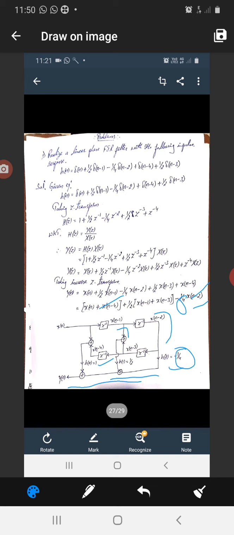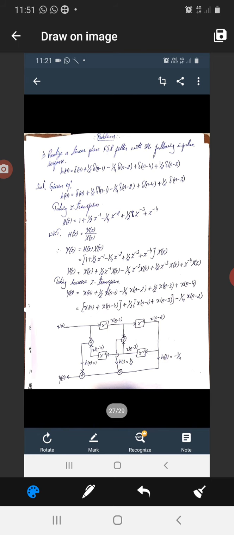N minus 1 I will be getting from here, and n minus 3 multiplied with plus 1 by 2. For that reason, first we implement this and then multiply with the coefficient value, that is h of 1 equals 1 by 2. This is one method to draw a linear phase structure.